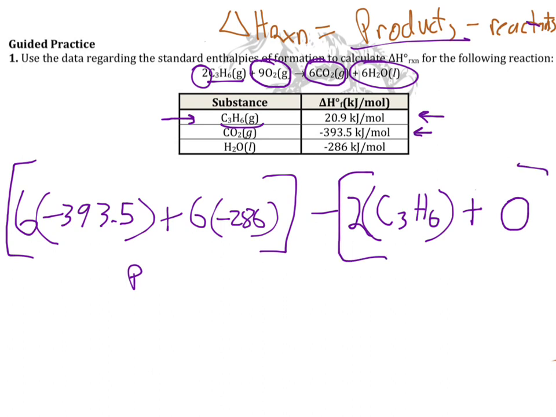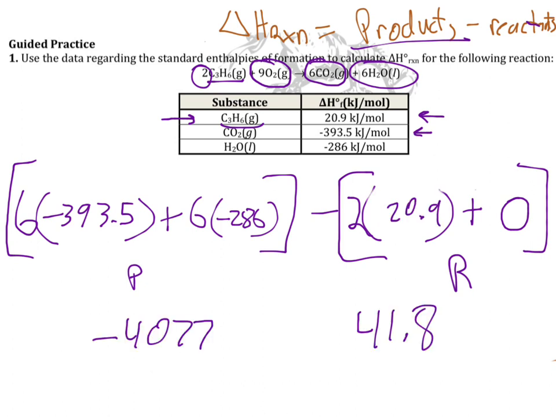All right, so now we have reactants added together. So again, we have our products, we add them together, and we take our reactants, add them together, and we subtract that. And also, I accidentally wrote the formula here rather than the actual heat of formation of that compound. So here's our products added together, and then we just subtract our reactants added together, and that will give us our answer.